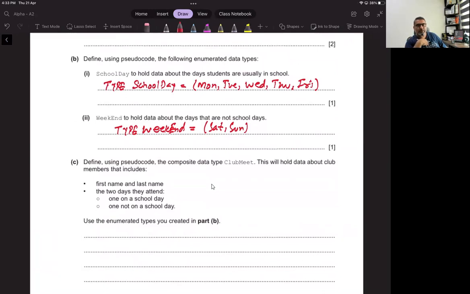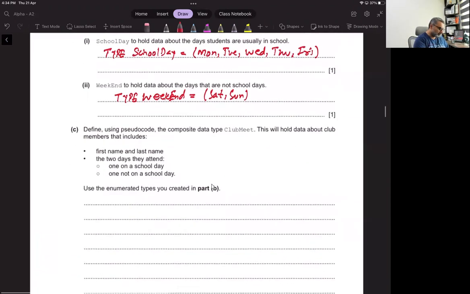Define using pseudocode the composite data type. The composite data type is the type that is made up of other data types. Using pseudocode, the composite data type club meet. This will hold data about the club members that include first name and last name. All right. Type club meet.